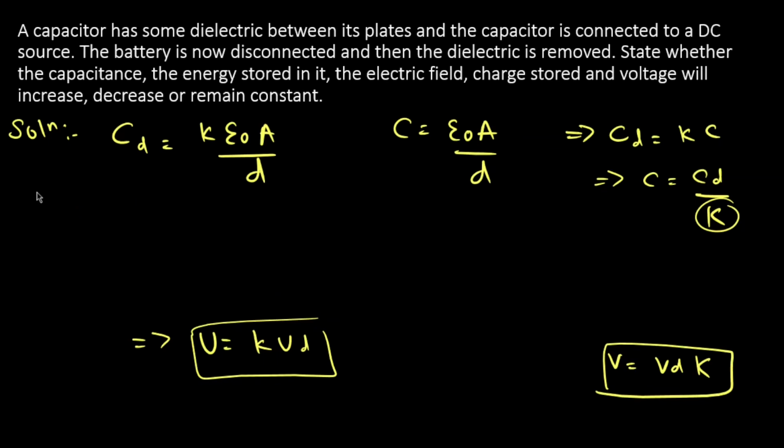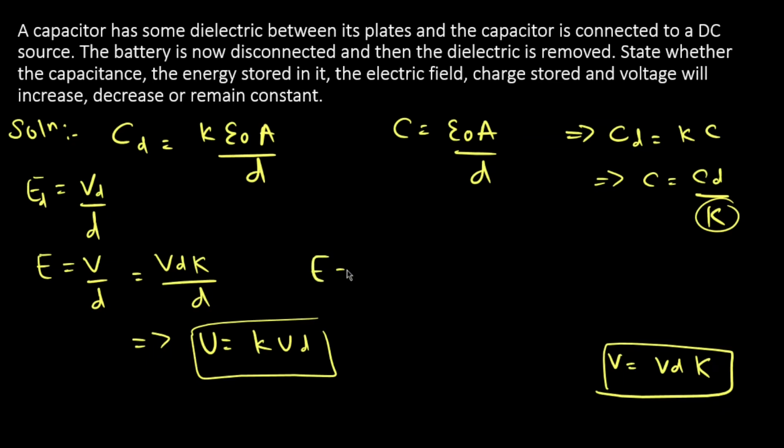Now the last thing we can find out is the electric field. Now we know electric field is given by E equal to V by D. So the electric field when dielectric was connected, ED, can be written as VD by D, and the electric field when dielectric was removed can be written as V by D. Now V is VD into K, so E can be written as VD into K by D. So VD by D is the electric field when dielectric was connected, so we get E equal to K times ED.